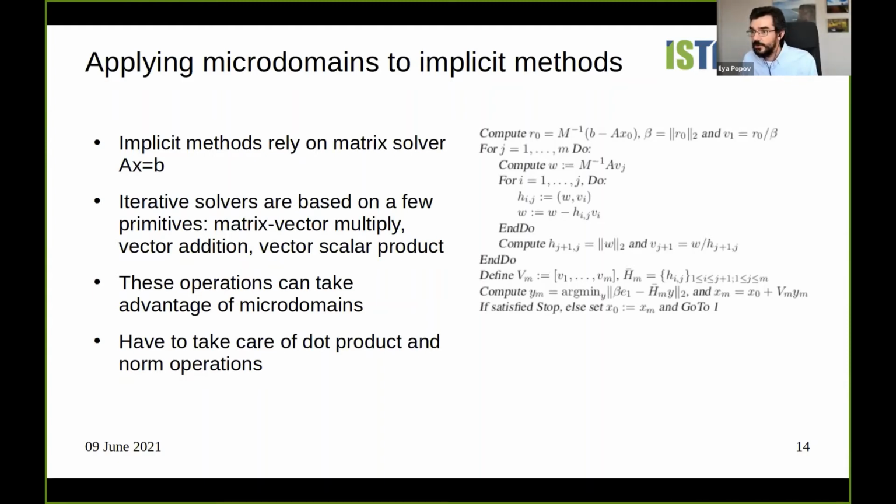All this can also be done in microdomain order, especially matrix-vector multiplication. There are a few things that need special attention: dot products and norms, which need data from all microdomains together.